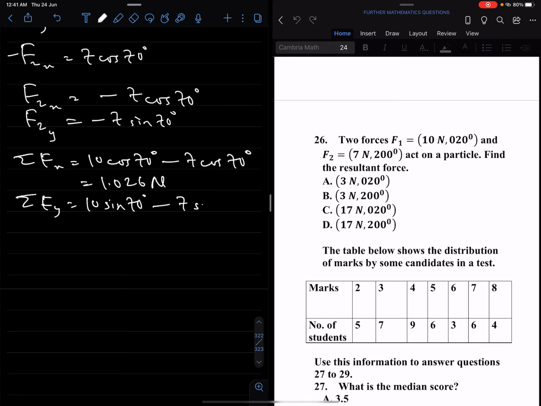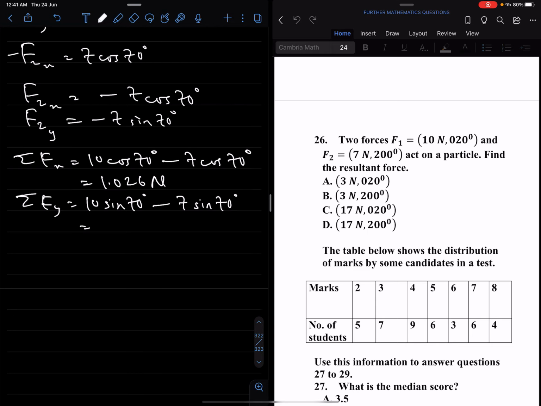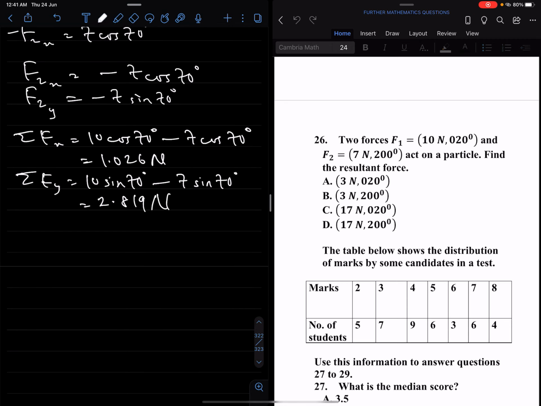That's the same as 10 sine 70 minus 7 sine 70 degrees, and that's 2.819 newtons.